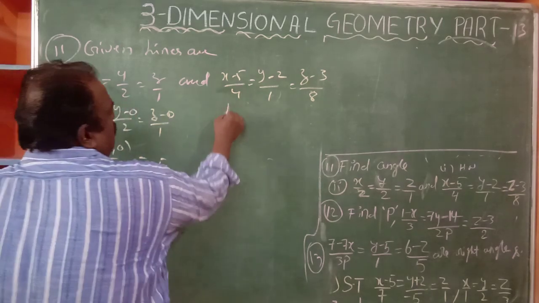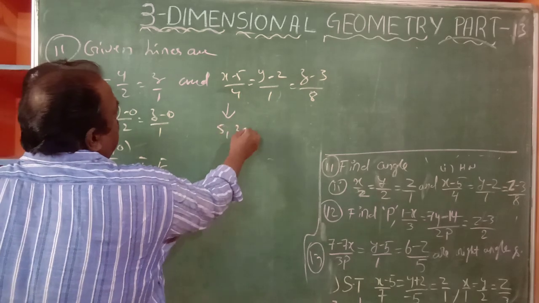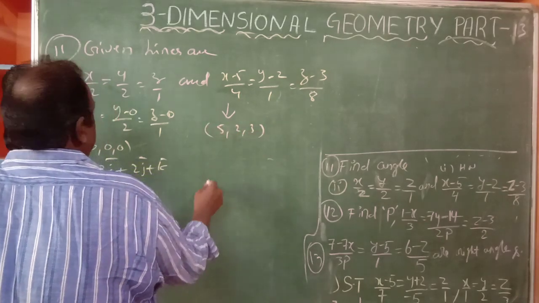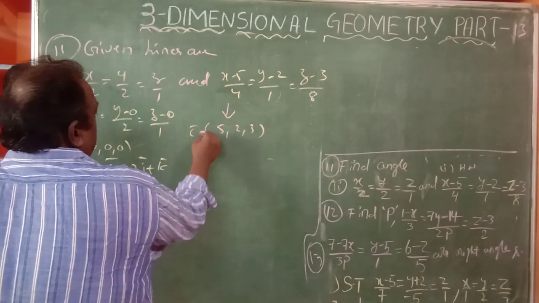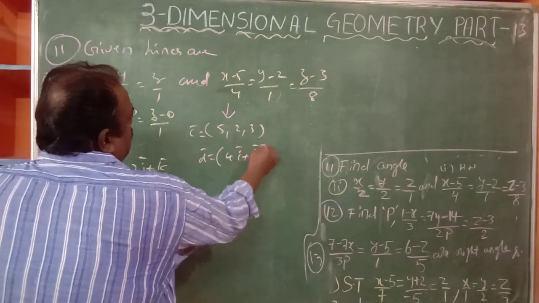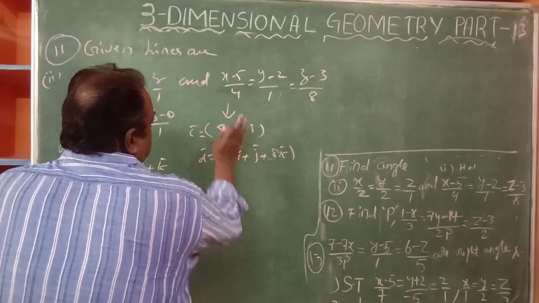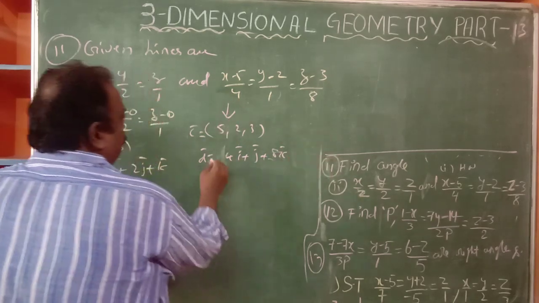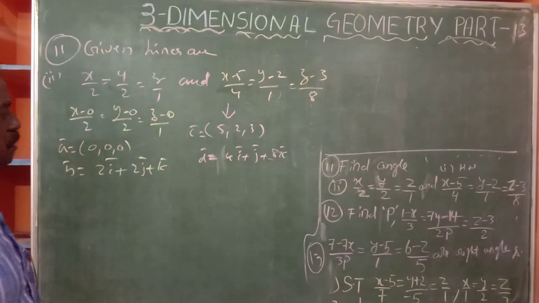And here, 5, 2, 3 is the point c bar, and d bar is equal to 4i plus j plus 8k. Now b bar and d bar are given.